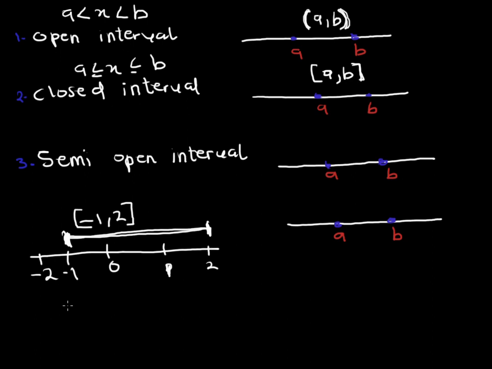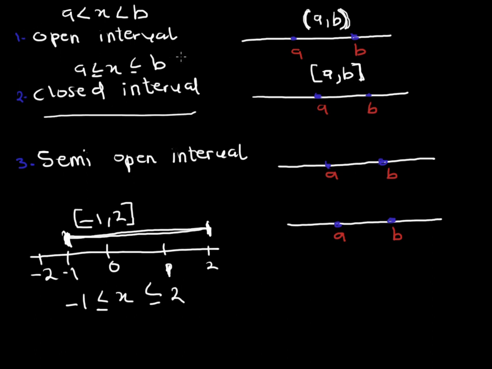So this can also be expressed as -1 ≤ x ≤ 2. All values from -1 to 2 are taken under consideration for this, which is the closed interval notation.